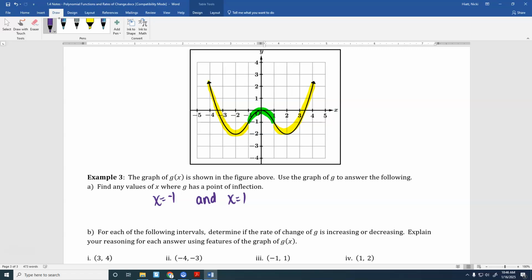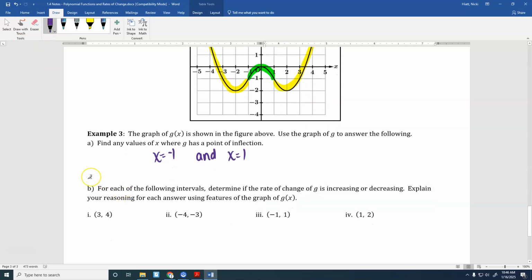Knowing exactly where it changes, especially if it is not a nicely made graph, is sometimes a little difficult to tell, but you should be able to get close enough to that. All right, for B, it says for each of the following intervals, determine if the rate of change of g is increasing or decreasing.